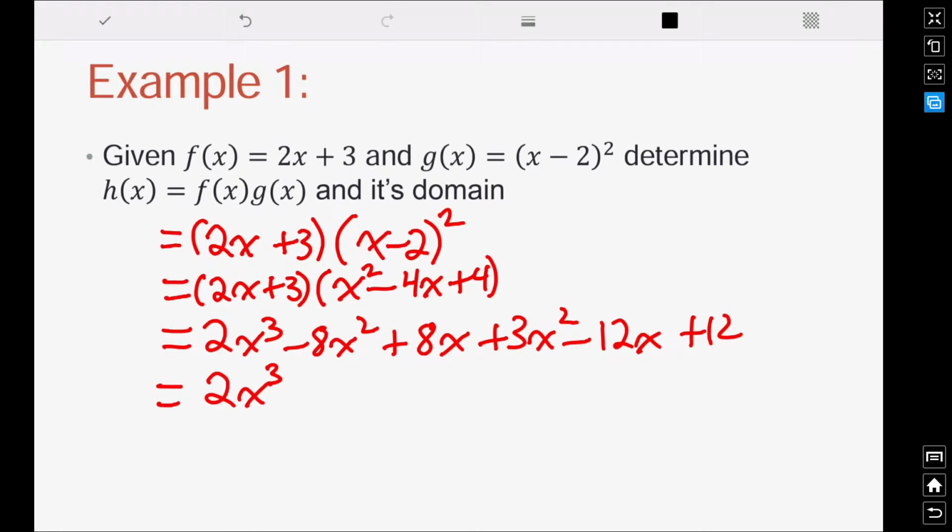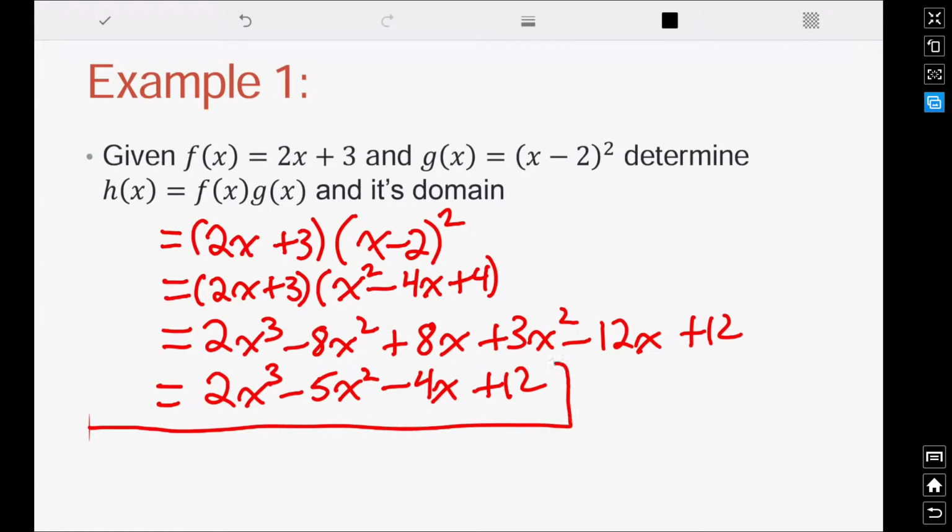We have a minus 8x squared and a plus 3x squared for a combined minus 5x squared. We have a plus 8x and a minus 12x to give us a combined minus 4x and then a plus 12. Here's my final complete function after I multiply f of x and g of x.